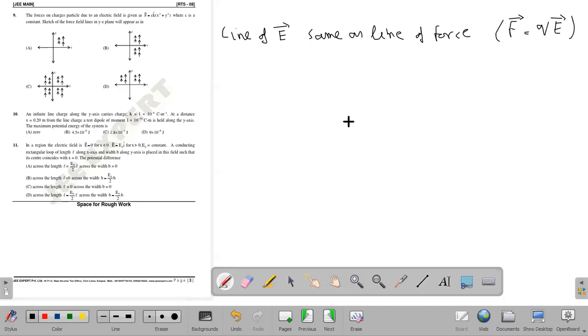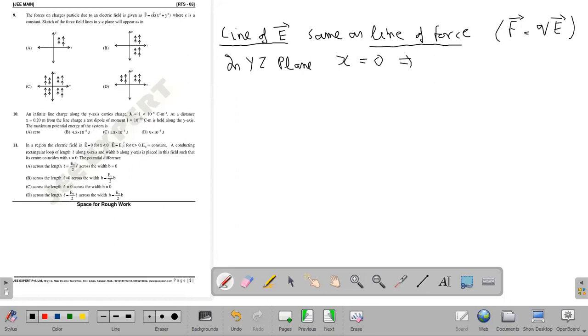And this force is given in some XY form, and we have to draw in the YZ plane. We have to draw the lines of force, or you can say the lines of electric field, in the YZ plane, and the force does not depend upon Z. In the YZ plane, the coordinate X will be 0.